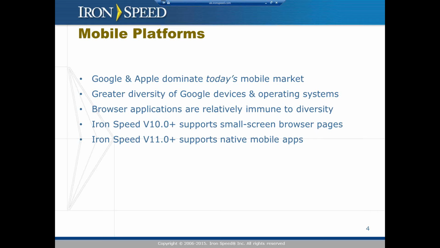What it means is that if you open an application in the mobile browser, it is displayed finely, with the best UI in your mobile browser. From 11.0, Iron Speed Designer also supports native mobile applications, and we'll talk shortly about them.